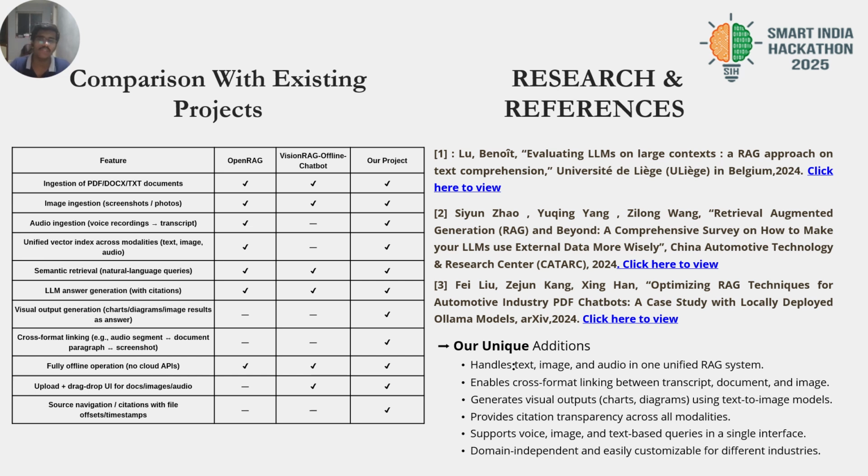Our unique additions are that it can handle text, image, and audio in one unified RAG, it enables cross-format linking, it generates visual outputs like charts and diagrams, and it provides citation transparency across all modes. It supports voice, image, and text-based queries, and is also domain independent and easily customizable. This is our proposed solution.